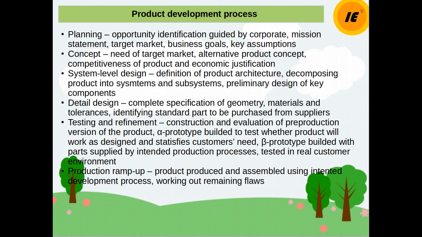In the production ramp-up phase, the product is made using the intended production system. The purpose of the ramp up is to train the workforce and to work out any remaining problems in the production processes. Products produced during production ramp up are sometimes supplied to preferred customers and are carefully evaluated to identify any remaining flaws. The transition from production ramp up to ongoing production is usually gradual.